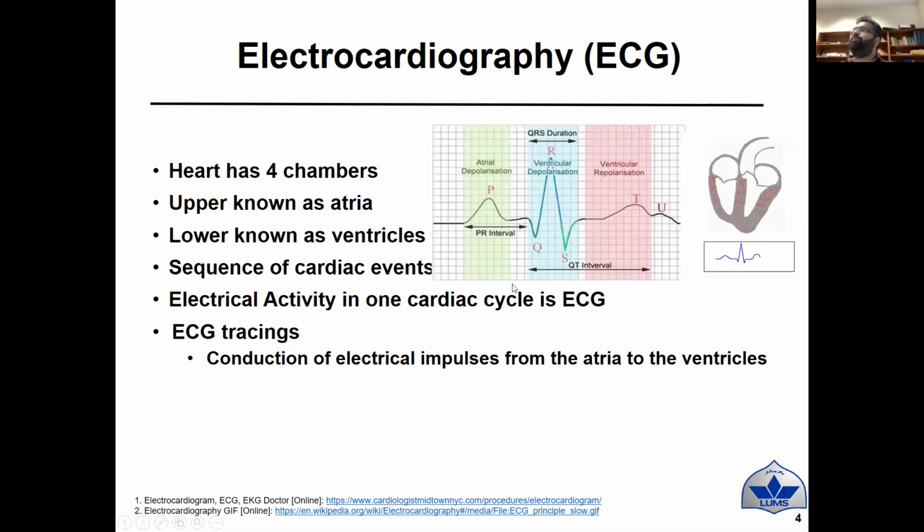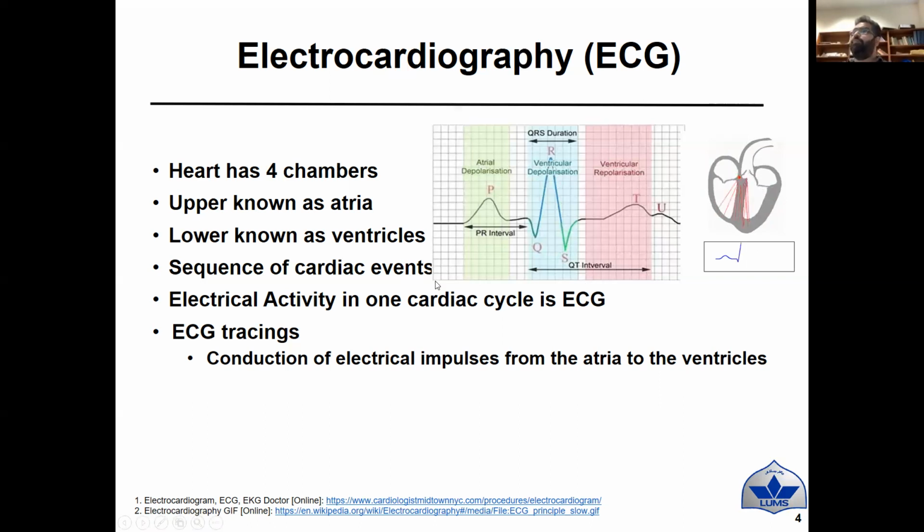Based on the amplitude of the P wave, the QRS complex, the T wave, and the intervals, the PR interval, QS interval, QT interval, the cardiologists detect the working of the heart, how the heart is behaving.